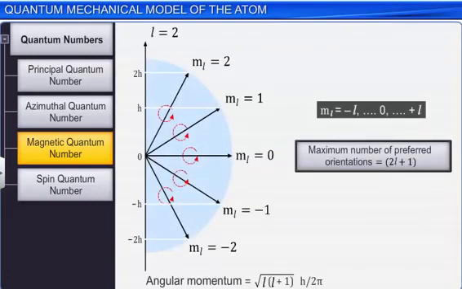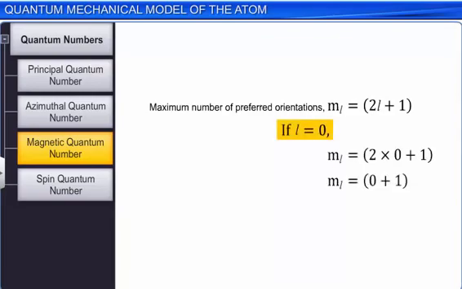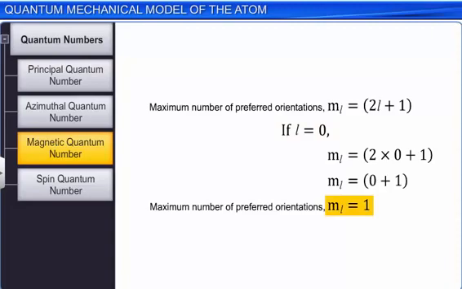For a subshell, there can be a maximum of 2l plus 1 preferred orientations or orbitals with values ranging from -l to +l, including 0. Hence, for l equal to 0, the number of preferred orientations is equal to 1.